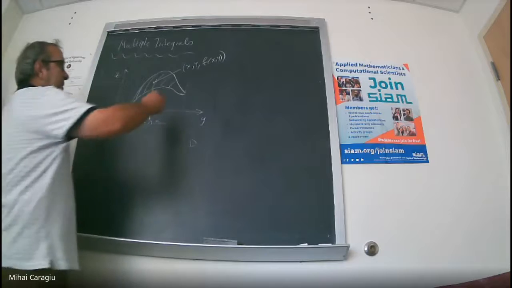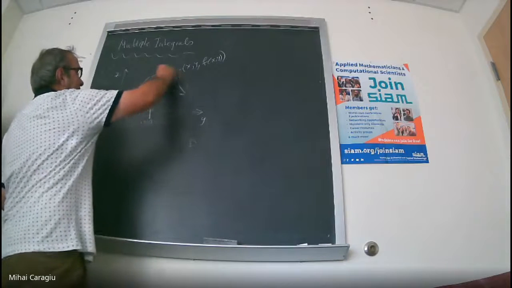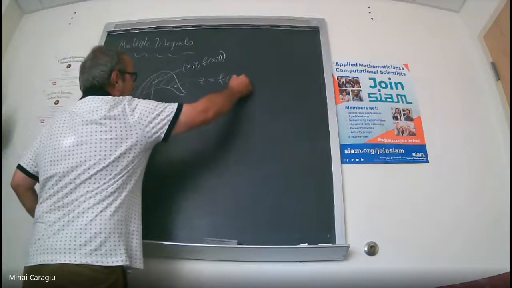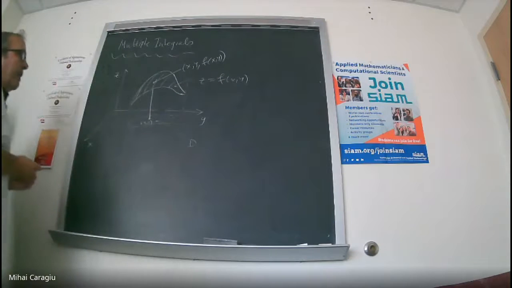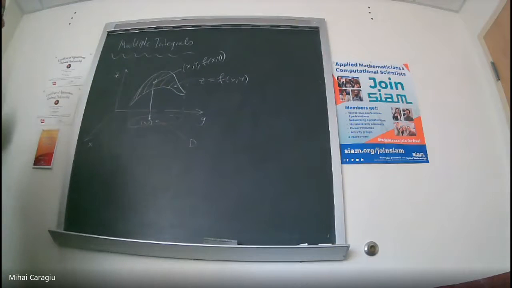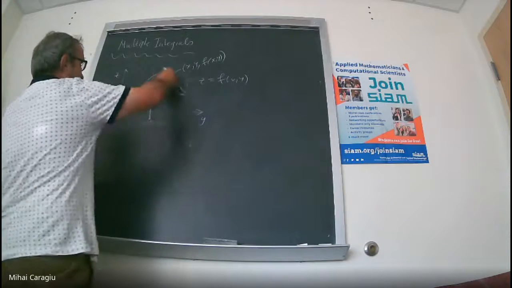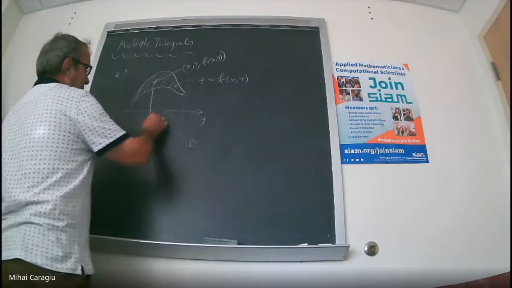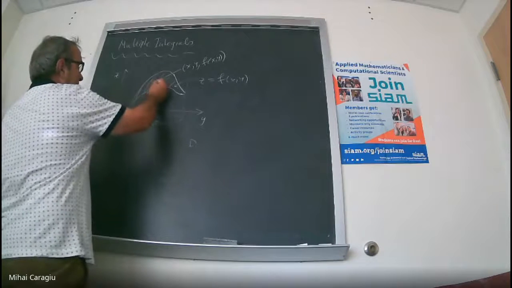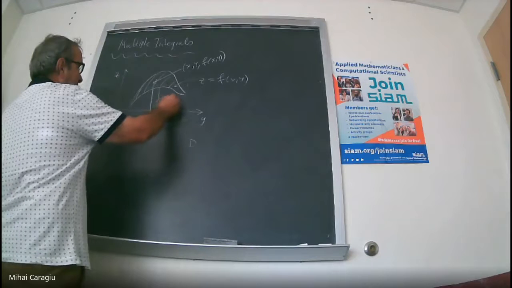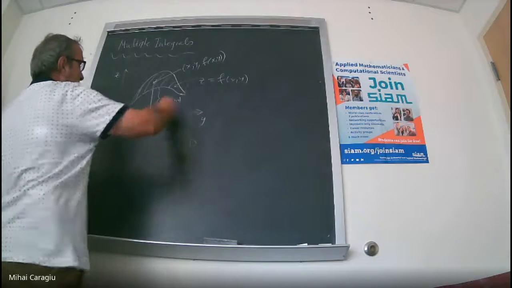On the graph of the surface, this is the surface z equals f of x and y. Whenever we have a continuous function, the equation z equals f of x, y describes a surface in 3D, and the picture is kind of this one. So if this is the point x, y, this is the altitude z, which will be f of x and y.